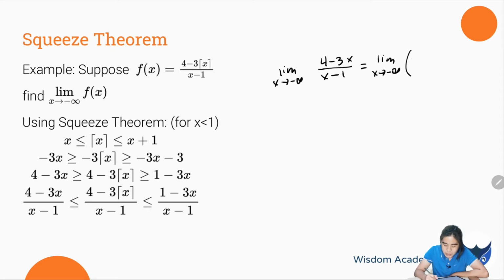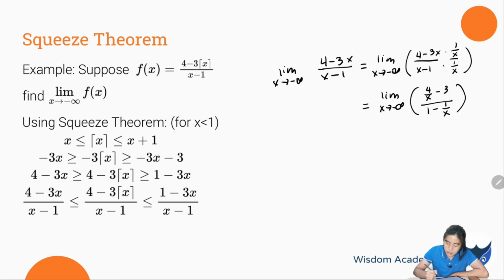So we multiply the numerator and denominator by the leading term. Getting its limit as x approaches negative infinity, we will get 0 minus 3 over 1 minus 0, which will be equal to negative 3.